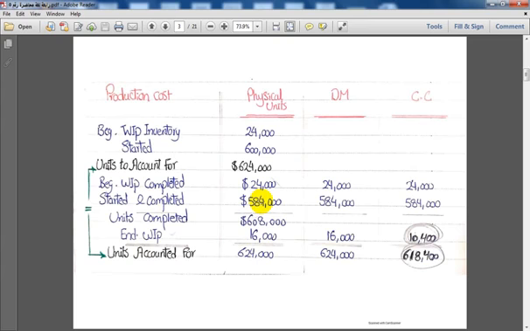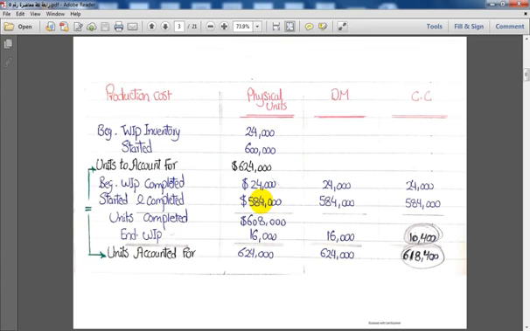Units started 1,500,000 at 0%. Beginning work in process 100,000 at 70% complete. Ending work in process at 60% complete equal 400,000 units. Finished goods at 100%. Its cost, finished goods inventory 124,000.